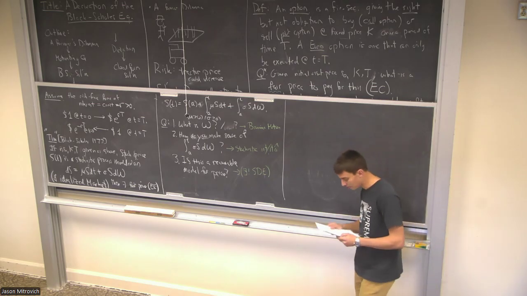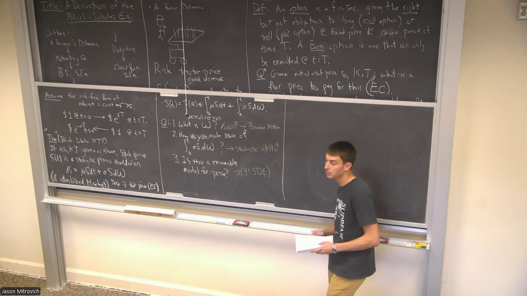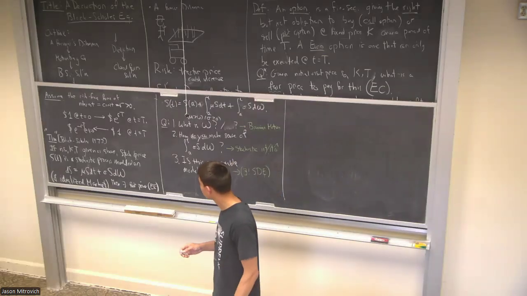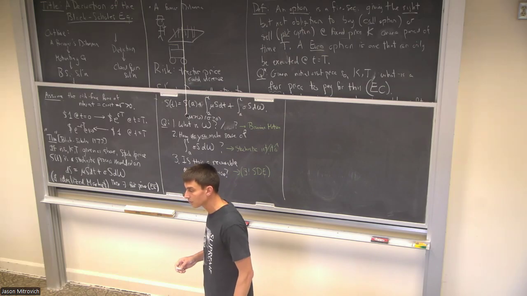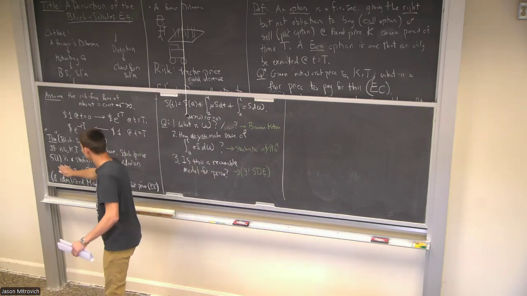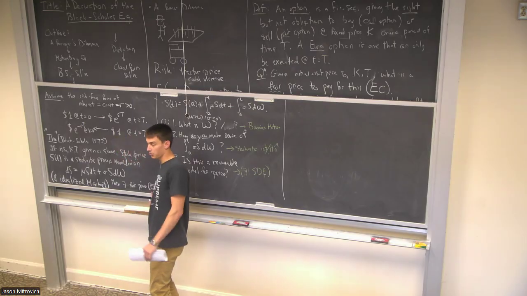All right, if I say something that you don't understand, yeah, what's up? Just to clarify, S of T, that's the fair option price? No, this is the stock price. Oh, okay, sorry. I haven't written down a formula for this yet.